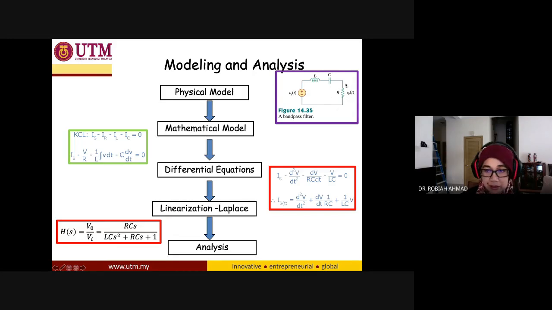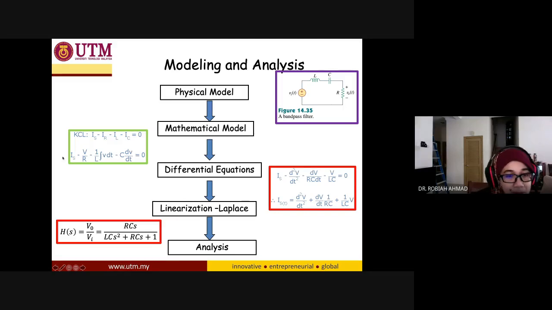Using the physical laws of the electrical system, we derive the mathematical model. With KCL, you have the equation for the current: in a closed loop circuit, the total current equals zero. Then you define what IS, IR, IL, and IC are.